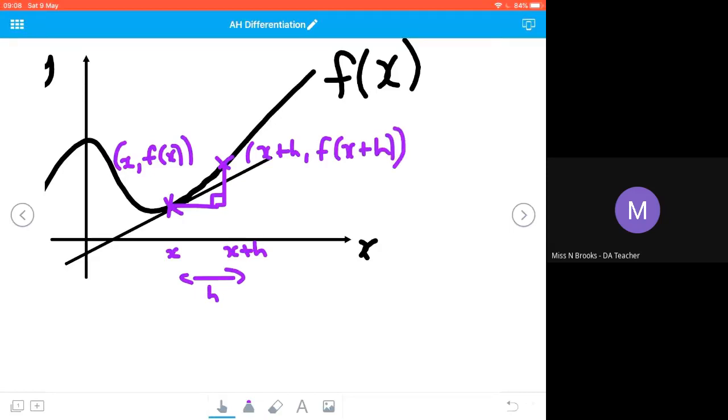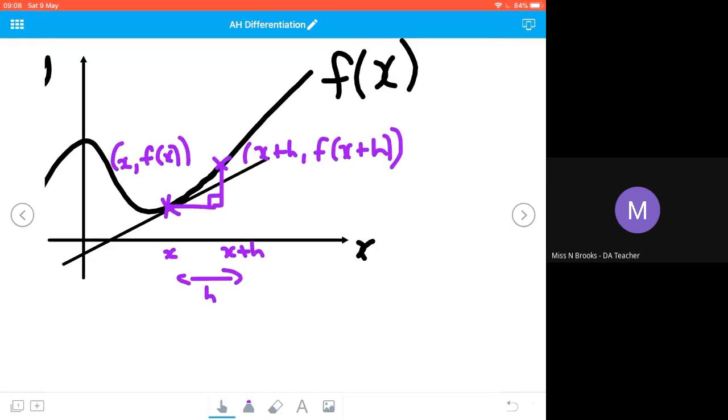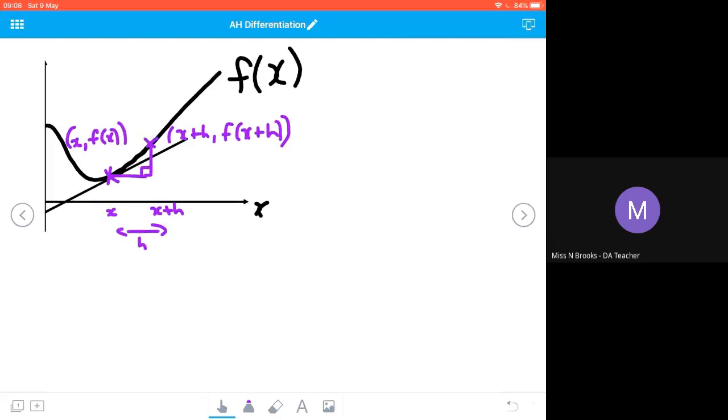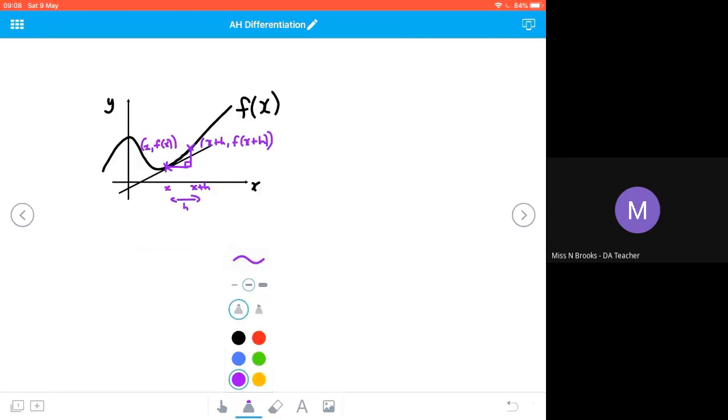So now I can use my gradient formula to work out the gradient between those 2 points. So I know that m equals y2 minus y1 over x2 minus x1.